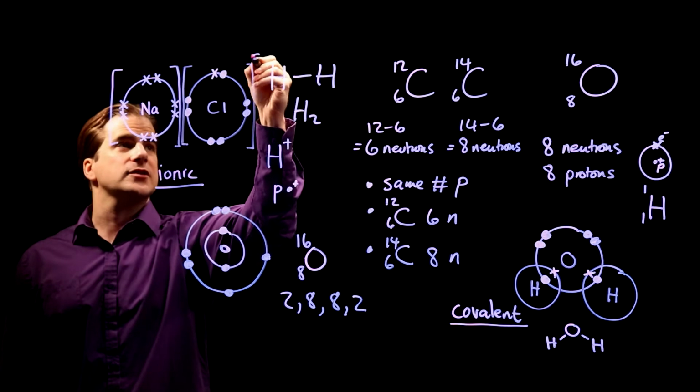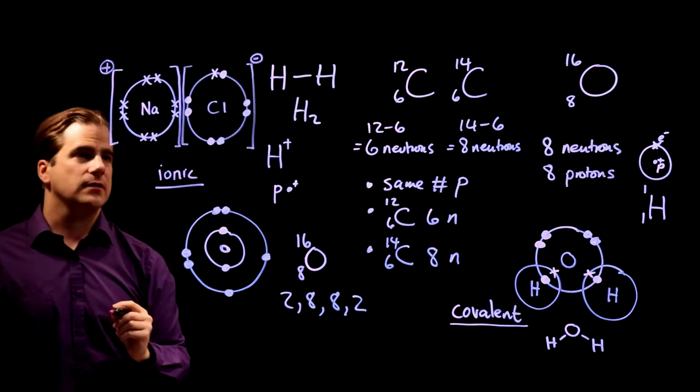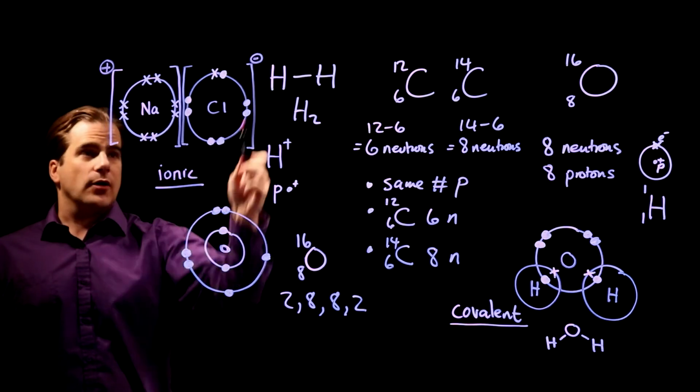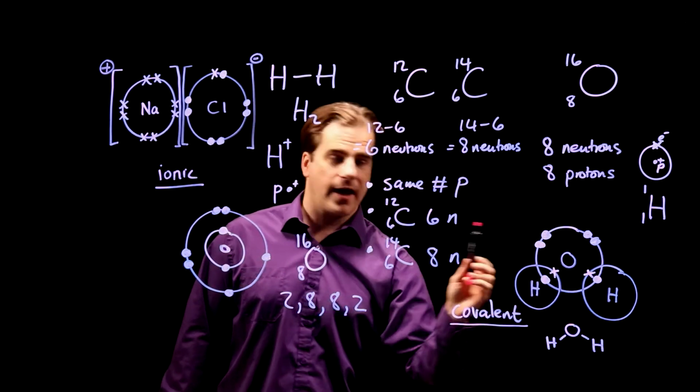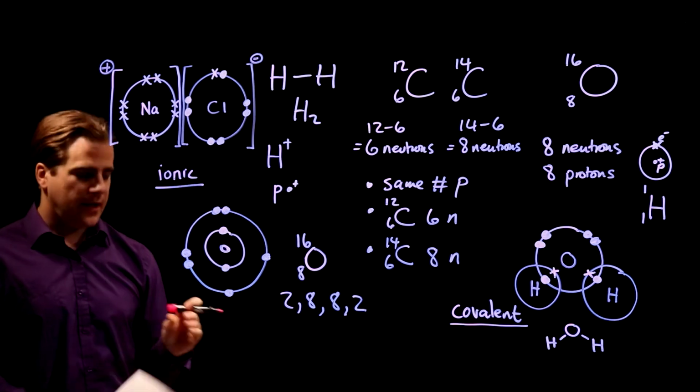Chlorine has a negative charge and sodium has an overall positive charge. Don't forget that. So that's how you draw ionic bonding, and that's how you draw covalent bonding. Covalent, overlapping; ionic, not overlapping. Okay.